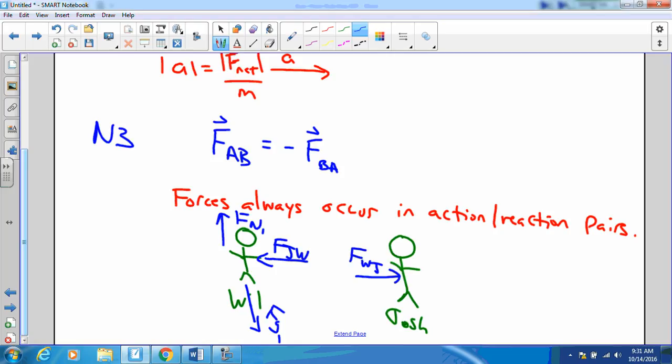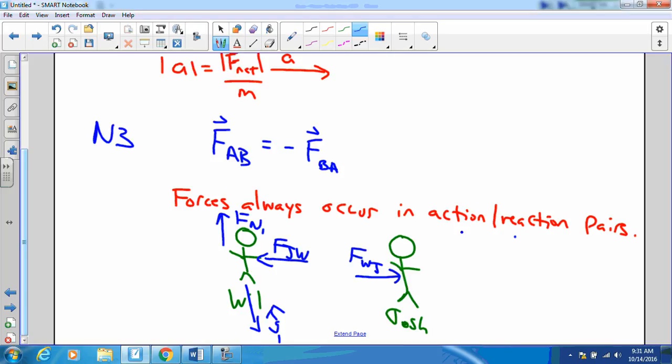And this is where you have to be careful in your thinking. Will is the one exerting the force. Josh is the one receiving the force. The arrow goes on Josh. Josh is the one exerting FJW. Will is the one receiving FJW. That arrow goes on Will.